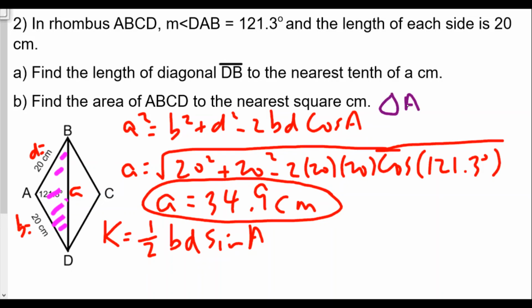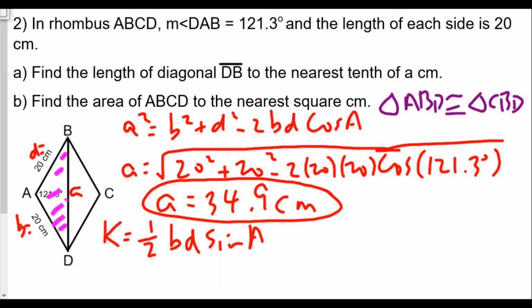Triangle ABD is congruent to triangle CBD, because opposite angles of a rhombus are congruent and all sides are congruent, therefore you have two triangles congruent by side angle side. And if they're both congruent to each other, they should have the exact same area.